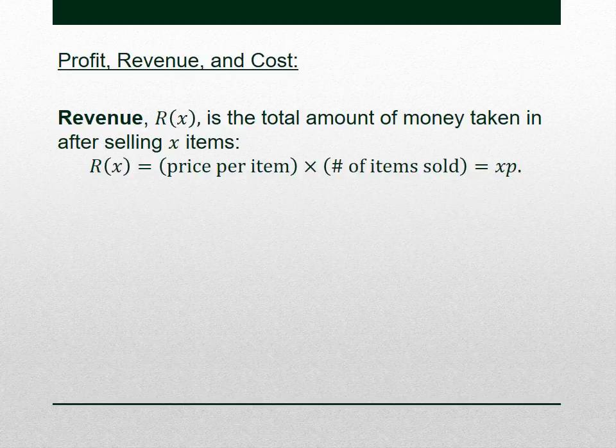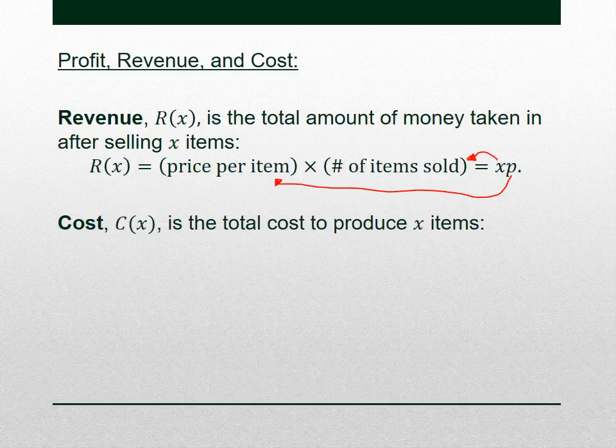Well, if I'm selling X things and I want to know how much money I'm taking in, well, that's the number of things sold times how much I sold them for. So that's my price times the number of things. So that's X times P, where here P represents my price. Right? So X is my number of items and P is my price. So revenue is XP, where X is the number of items and P is the price.